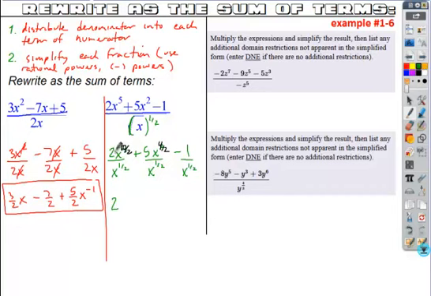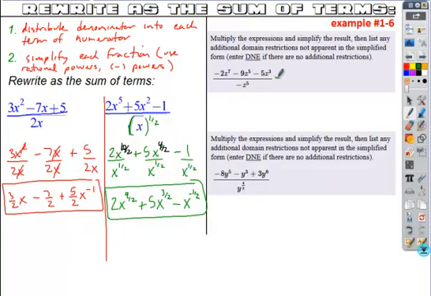So I have numerically a 2, and then 10/2 minus 1/2 gives me x to the 9/2, plus my next term, 5 x to the power of 4/2 minus 1/2, which is 3/2. Minus 1, x to the power of, and once again, it was in the denominator, so I change it to a negative, and that would be my rewriting as the sum of terms form for that problem.